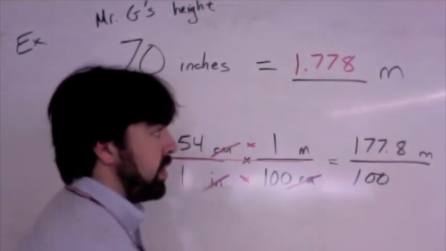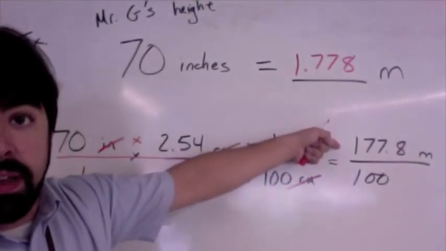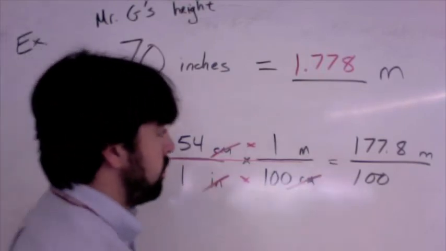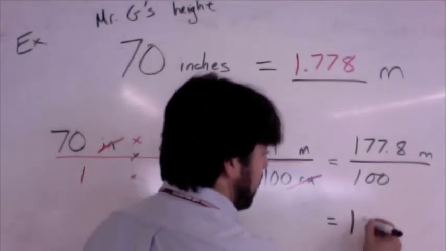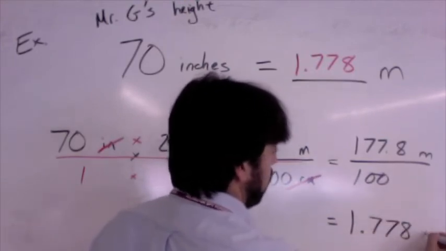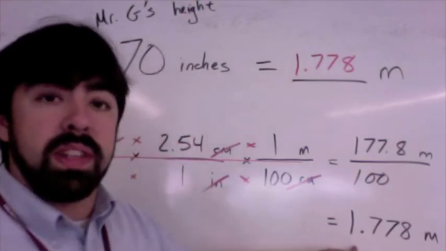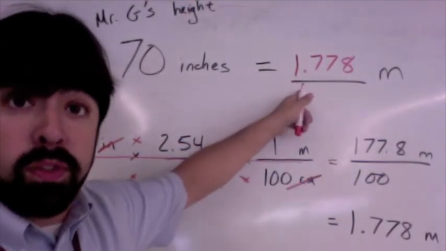There's no units. So now we just have to divide 177.8 by 100. And you'll find that it is just 1.778 meters. So both methods work.